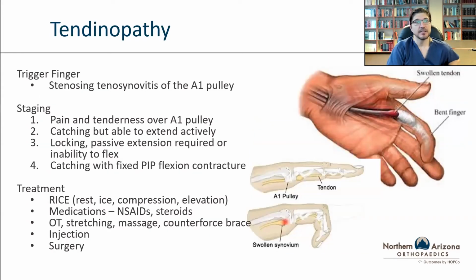The most common issue relating to tendinopathy or tenosynovitis in the hand surgeon's practice is going to be the trigger finger. And this is due to stenosing tenosynovitis, which is just a fancy term for compression around the tendon of the flexor tendons in the hand that is causing pain, as well as locking or triggering.